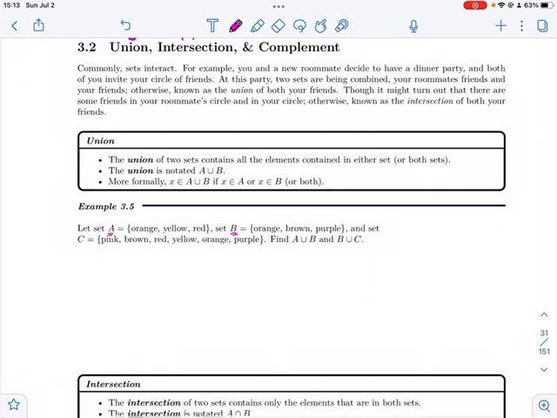We want to find A union B, so we want to union A with B. That means we'll put all the elements together, but we need to remember some things here. Let me write it here, some properties of sets. We cannot repeat an element. Repetition is not allowed within a set.